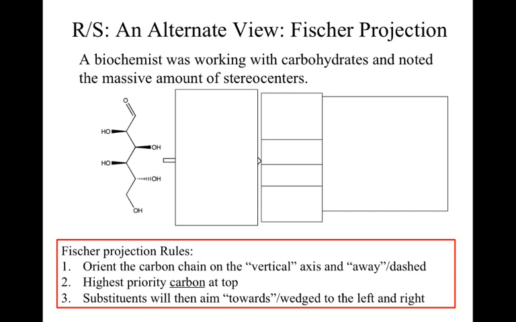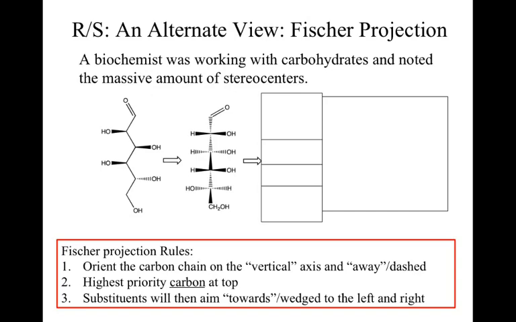I know it sounds kind of weird, but we'll get through that. The highest priority carbon we'll place at the top, and then by definition, if you're looking at it in this proper fashion, you'll notice that your substituents will be forced to aim towards the observer, or towards you, as wedges left and right.